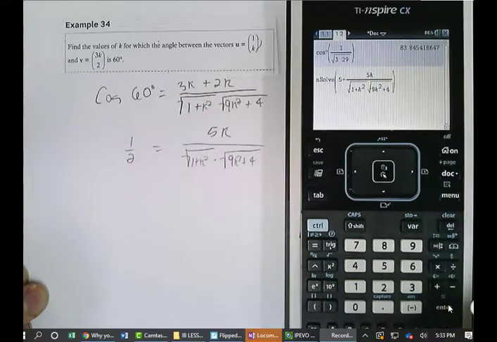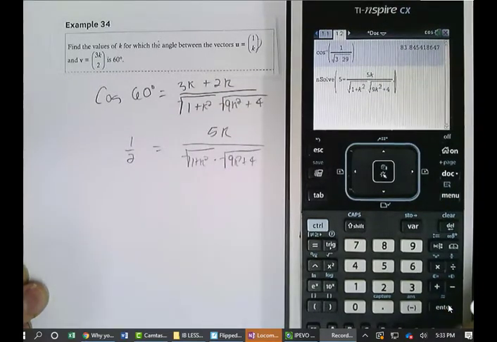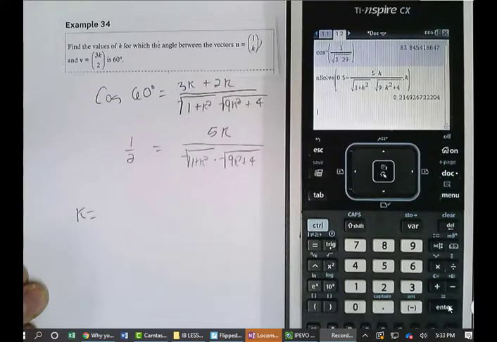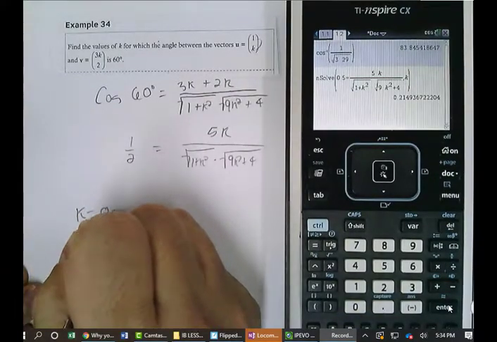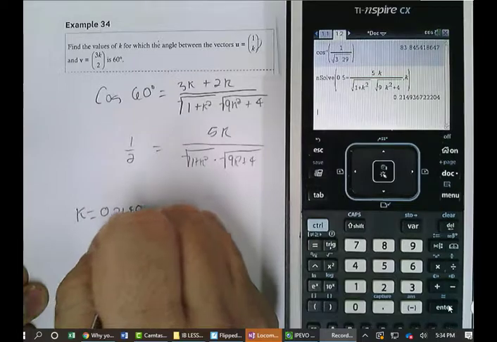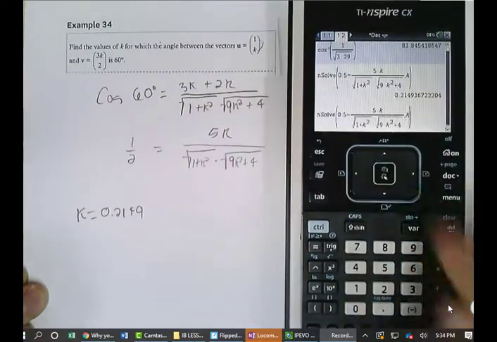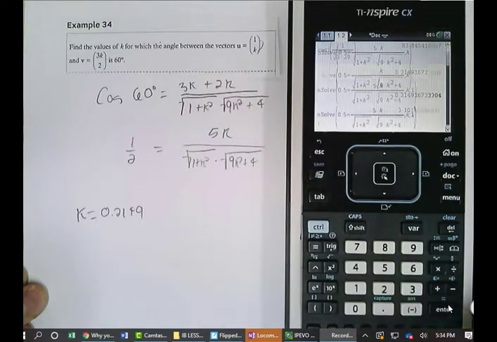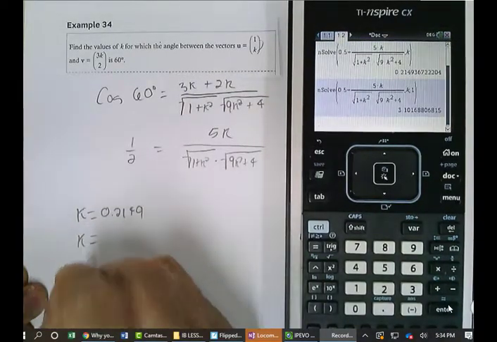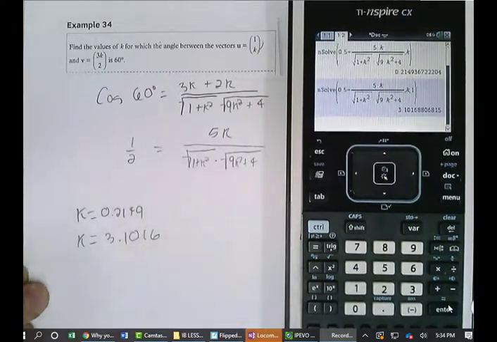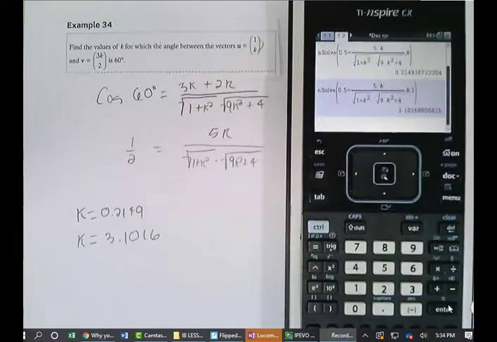I have to assign which value I'm solving for, so it's comma k, and I get k is approximately 0.2149. There ends up being a second answer, so I'm going to say comma 1, and I get my other answer, which is k is approximately 3.1016. And so I got my two answers that way using the solver. Sound good, guys? Thanks.